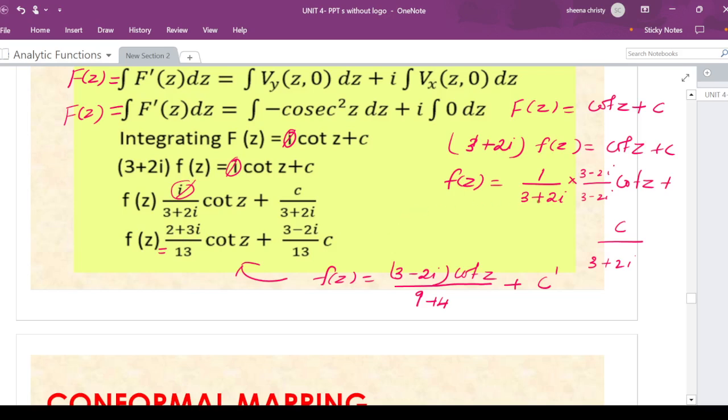So here, f of z formula, after applying the formula, you will get 3 minus 2i into cot z divided by 13 plus c dash. So this is the final answer.